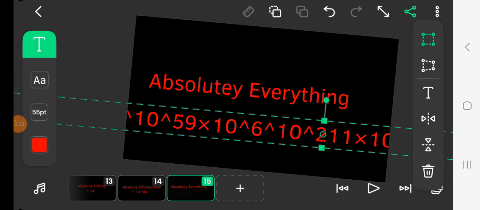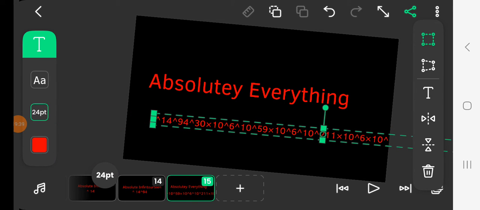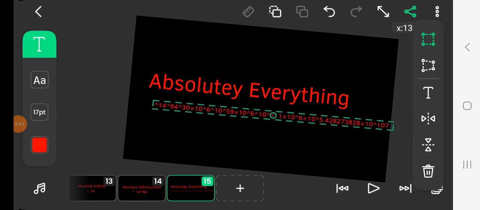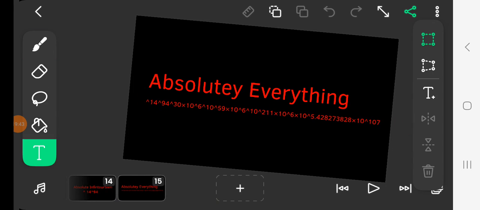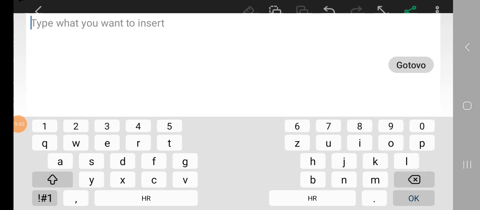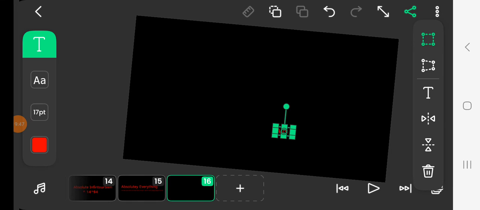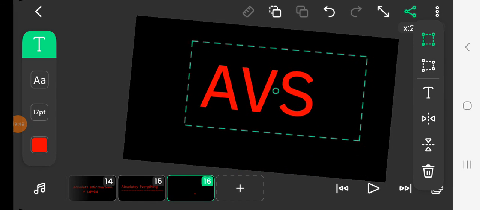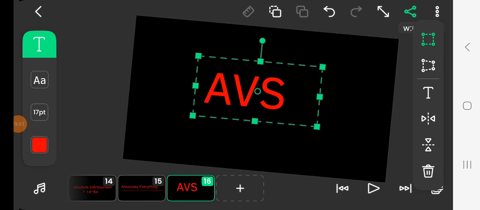This equation right here shall give us a total of RVS. Yep, RVS. That's what my friend Ava made.